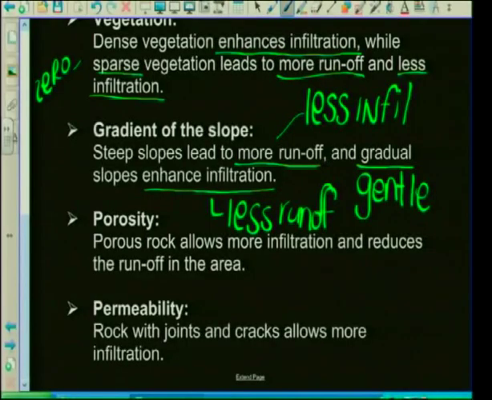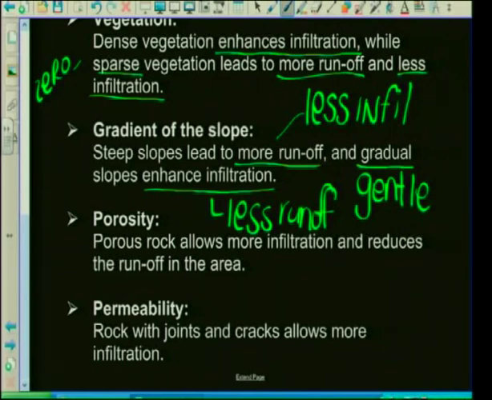So steep slopes will encourage more runoff, less infiltration, and gentle slopes and gradual slopes encourage less runoff because the water has time to sink below the surface of the Earth.